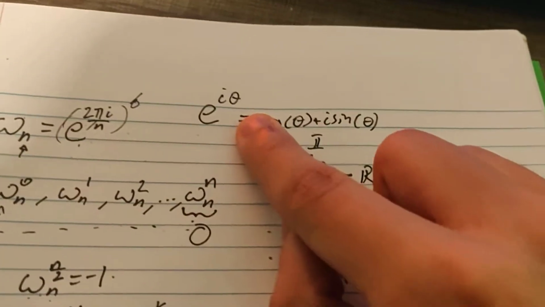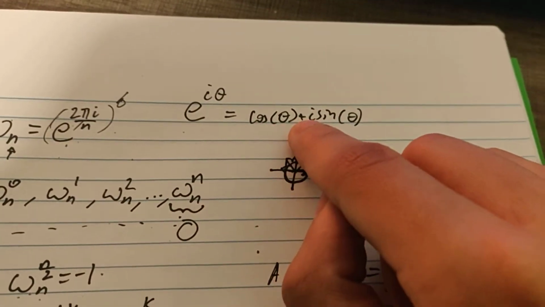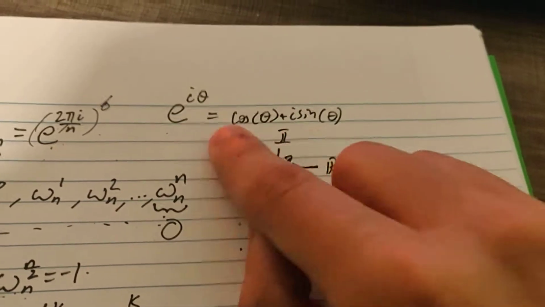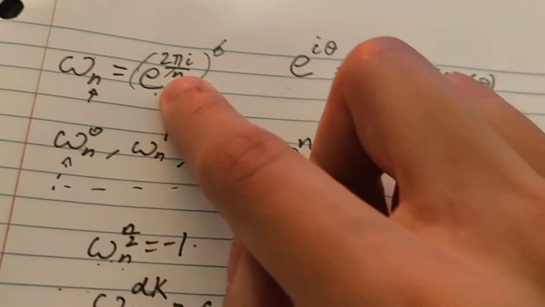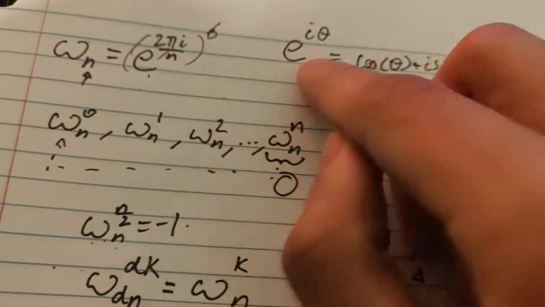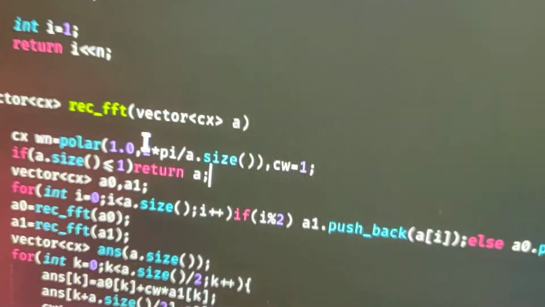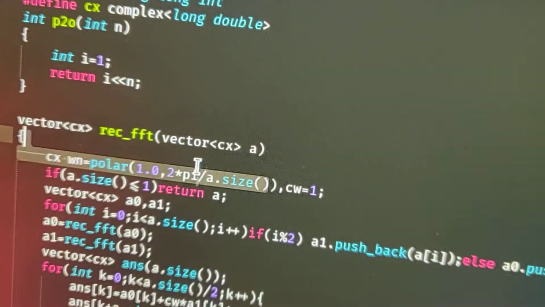There's like an invisible r, so it would be r cosine theta plus r i sine theta, and the r will be 1 on both of those because you don't actually have an r. And then the actual angle is just the power that e is going to, because it's i theta, so 2 pi divided by n is your theta.